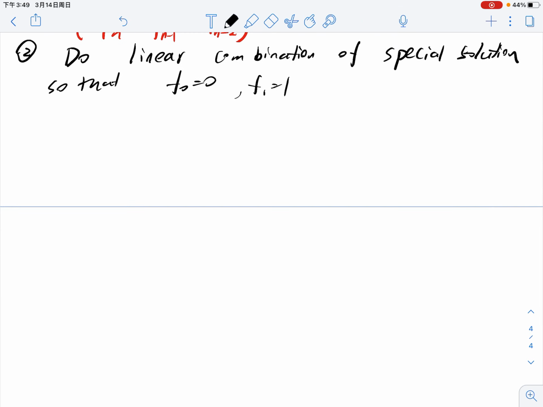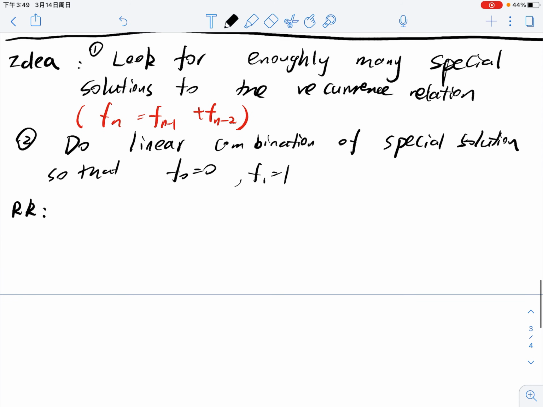And just a small remark: we know we need to find enoughly many special solutions, but how many do we need to find?